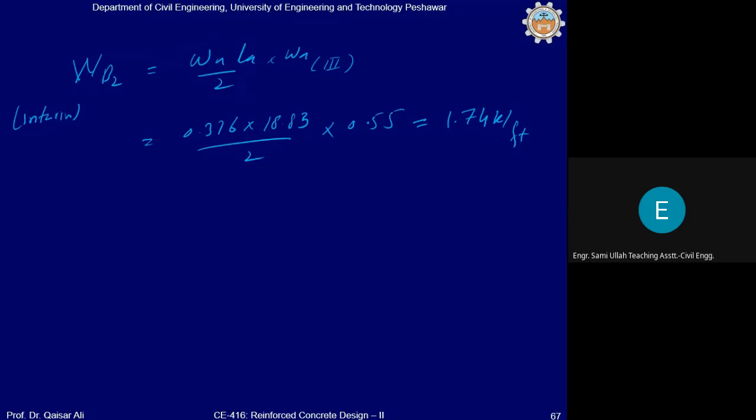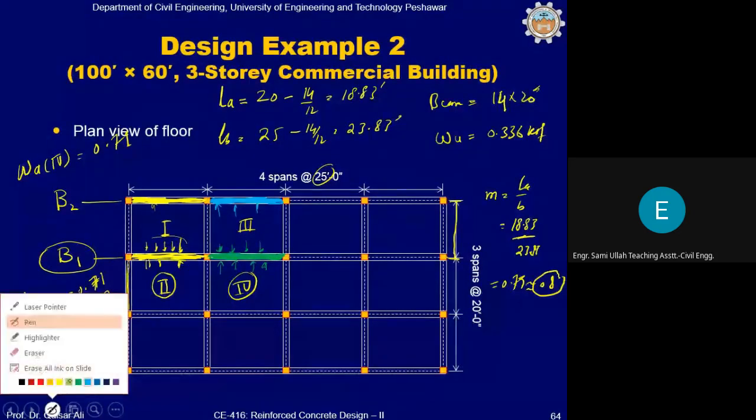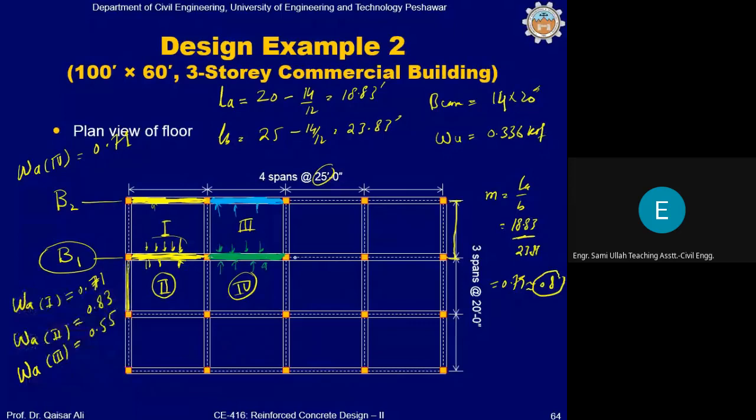Okay, so if you see these spans, they are the same. They are the two interior spans. You have already calculated load for these spans, and these exterior spans are also the same.